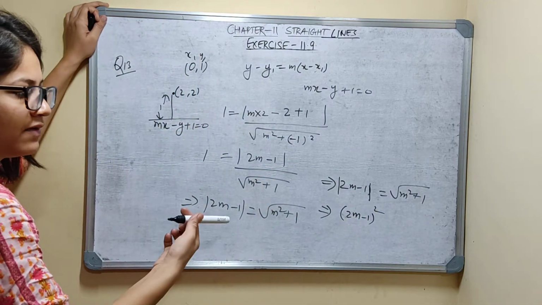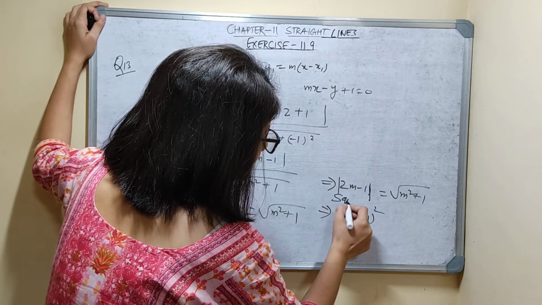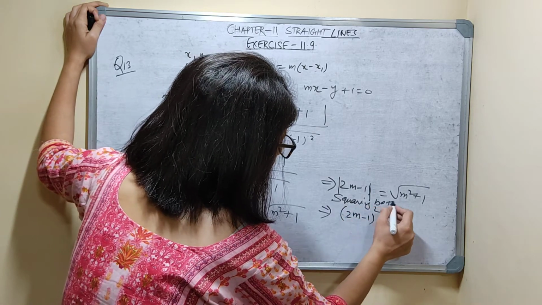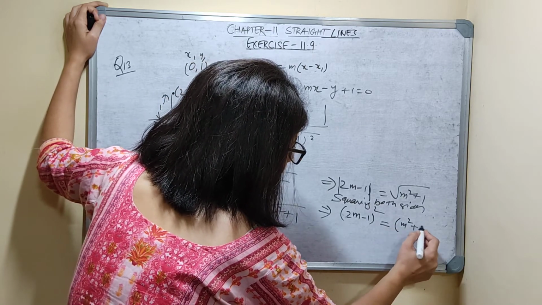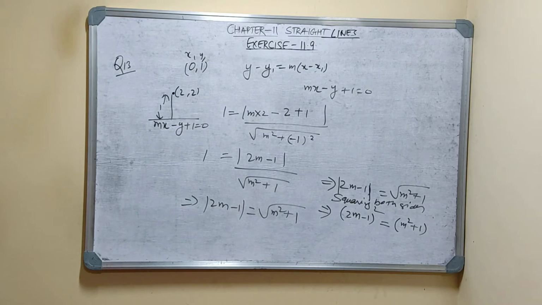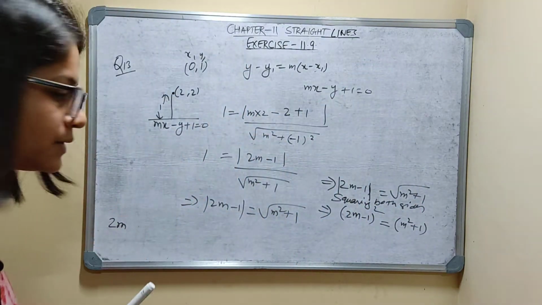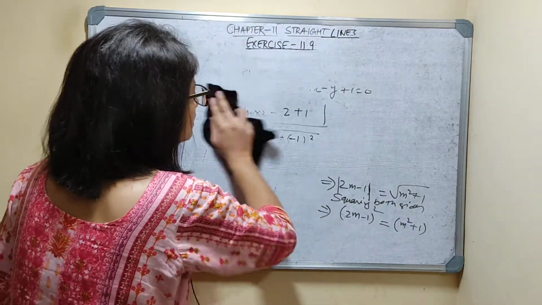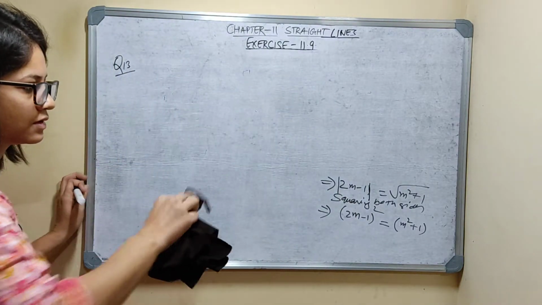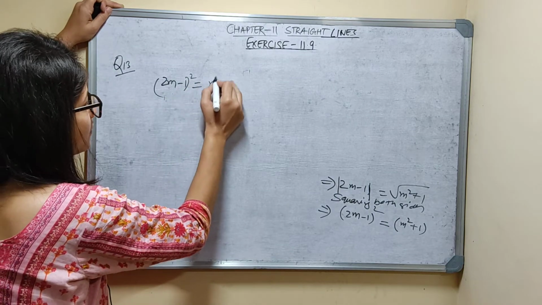If it is plus or negative, both will be the same, since a negative squared is positive. So squaring both sides, you will get 2m minus 1 whole square is equal to m square plus 1. Is it clear?